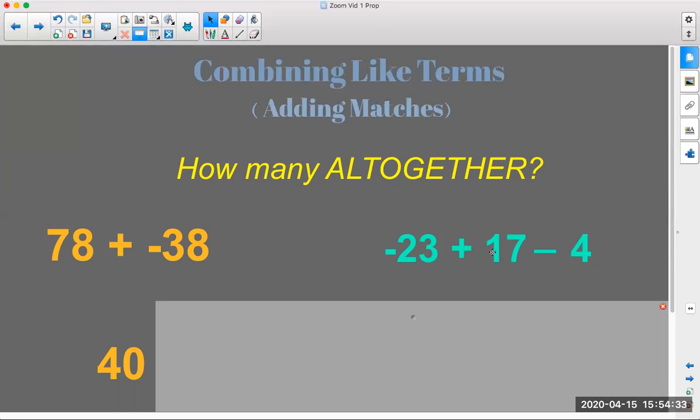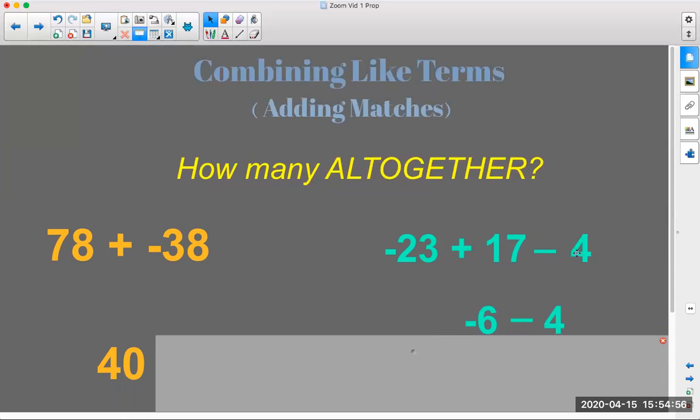So 23 minus 17 is 6, but which one do I have more of? Do I have more negatives or more positives? Well, since I had more that were negative, or I owed you more than what I actually had, that means the result will be negative 6.